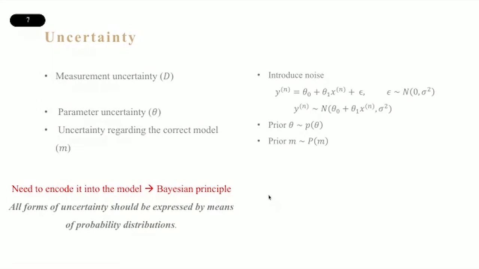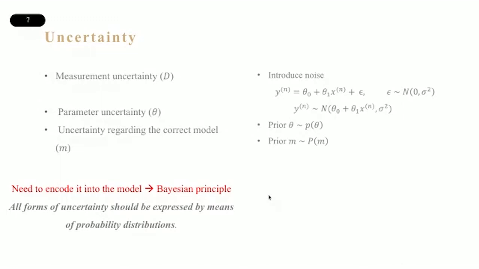By doing so, what I do is define a probability distribution over the observations, which is a Gaussian distribution with mean given by the linear model. I also account for the uncertainty onto the parameters by defining a probability distribution over the theta.